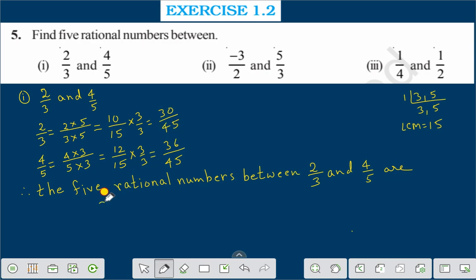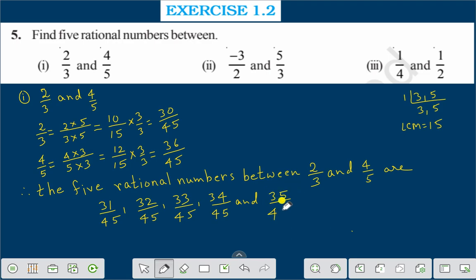Therefore, it is 31 by 45, 32 by 45, 33 by 45, 34 by 45, and 35 by 45.